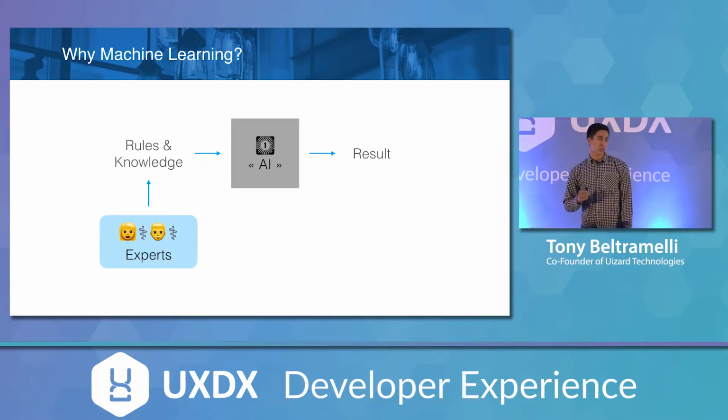So why do we need machine learning? Couldn't we just generate code the good old way using software engineering and an engineering pipeline? Well, the thing is, without AI or using traditional AI, as I put it in quotes, you will have to pay experts to manually input rules and knowledge into the algorithm.